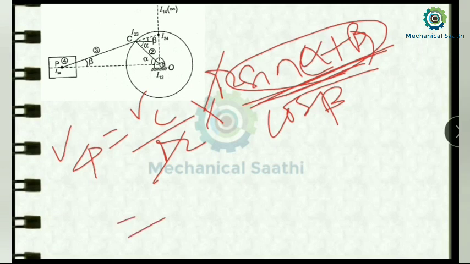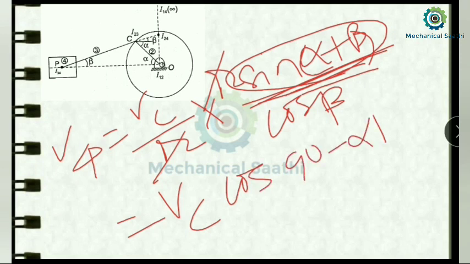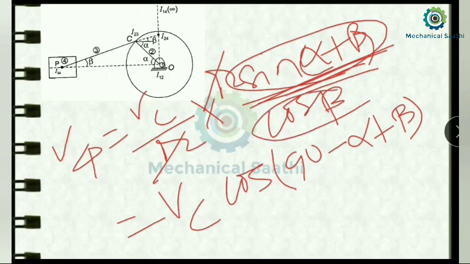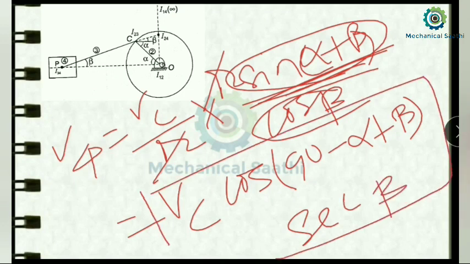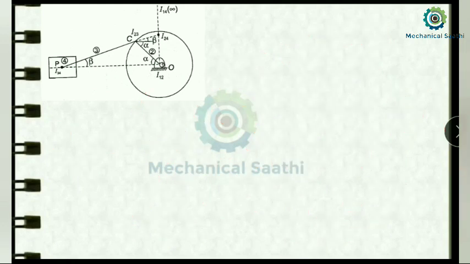So we can write bc into cos 90 minus alpha plus beta. Another thing, I can write 1 by cos beta as sec beta. So the final formula is bc into cos 90 minus alpha plus beta into sec beta. So b4 will be this.